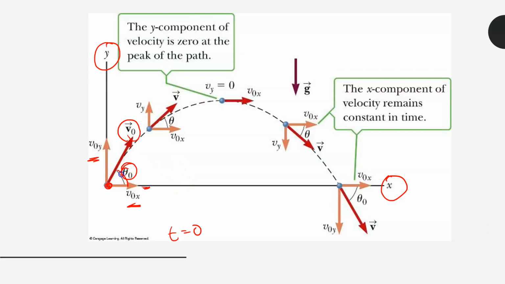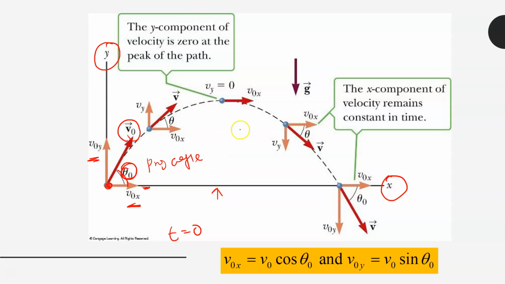This theta over here is what we call the projection angle. Then from the definitions of cosine and sine functions and this figure over here, we can write these equations for initial velocity in the x-axis and initial velocity in the y-axis.